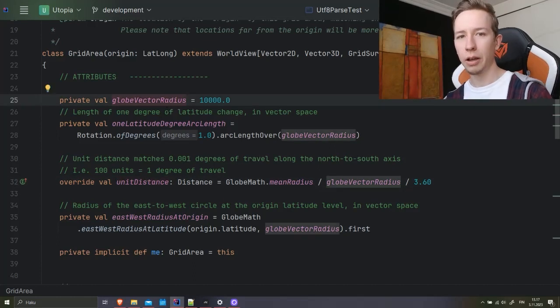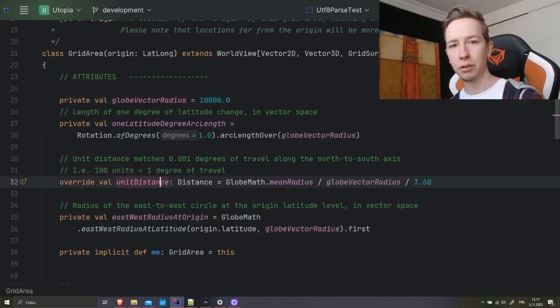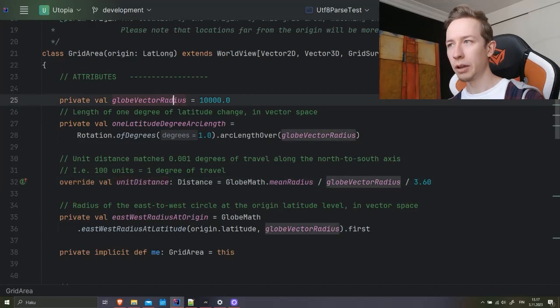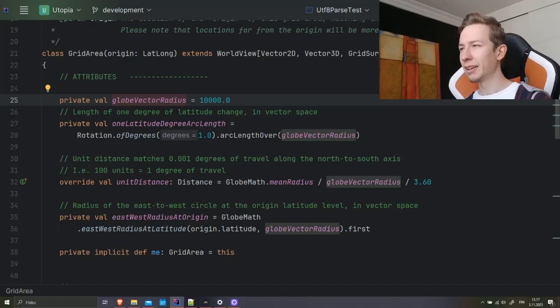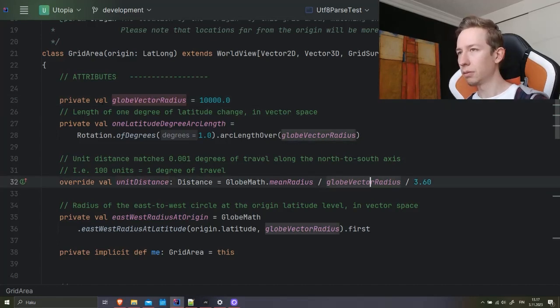We need to either redefine the unit distance or find a reasonable value for this globe vector radius. Although now that I come to think of it, this might not be a problem because the unit distance is resolved from the vector radius. So I don't know, might work.